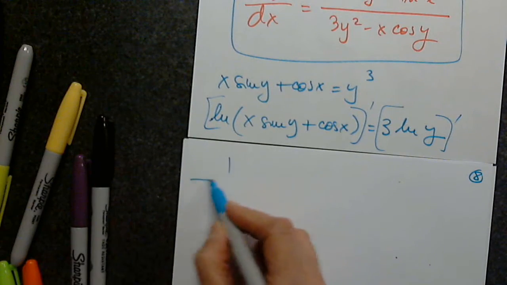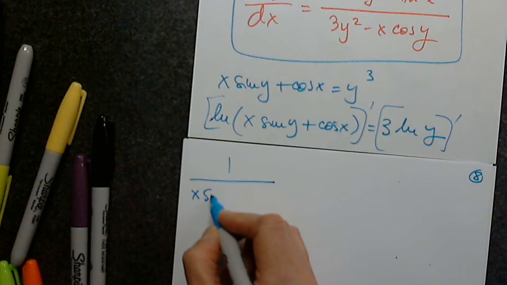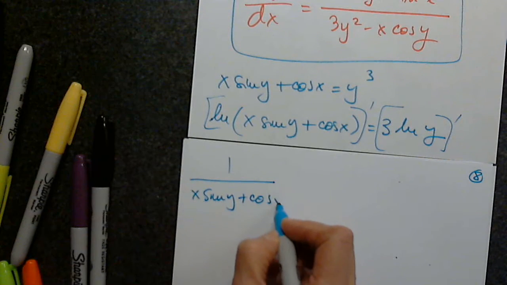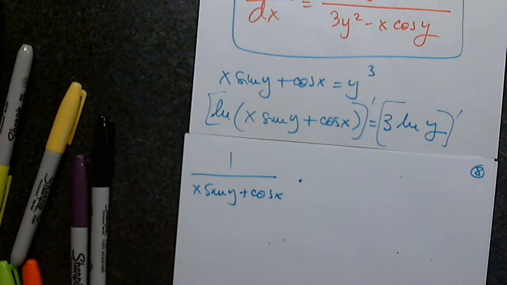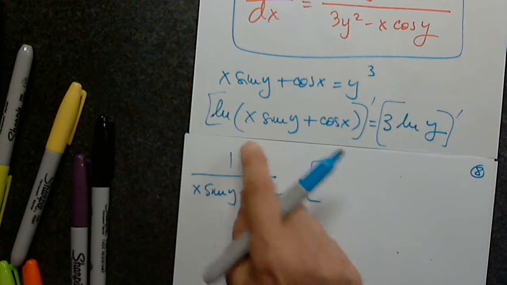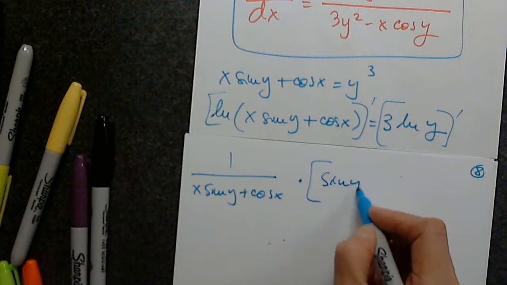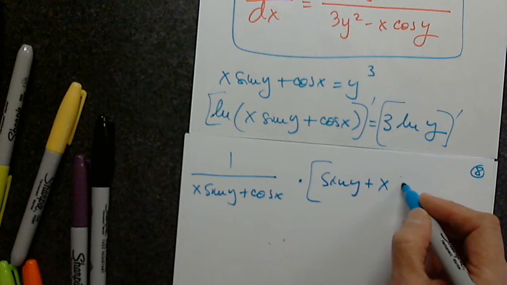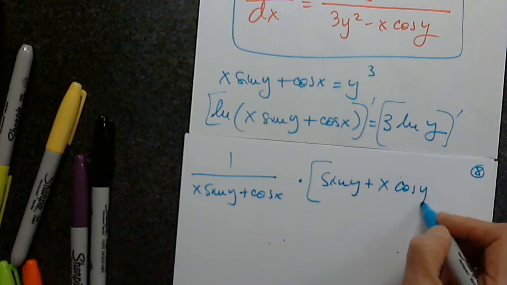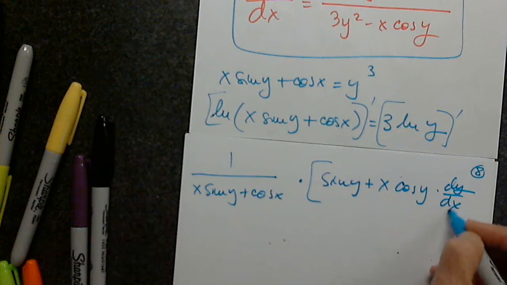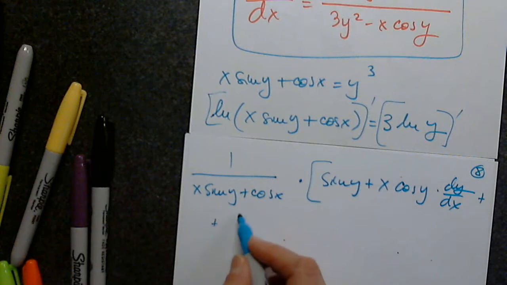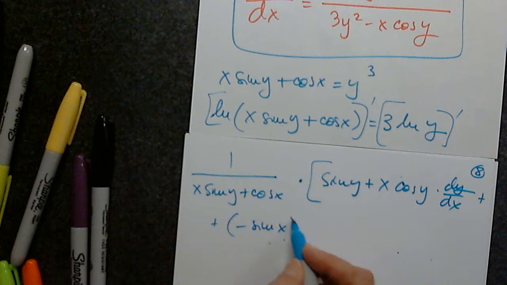The left-hand side is 1 over x sine y plus cosine x multiplied by this whole thing that I had from before, which is the first function prime times the second function plus the first function times cosine y times dy over dx, and then not plus but minus sine x.